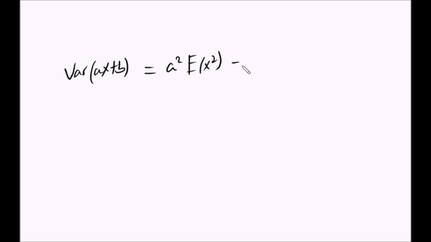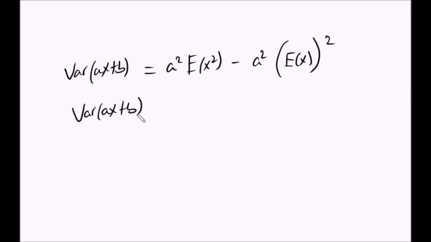Kwa hiyo variance of ax plus b itakuwa ni a squared expectation of x squared minus a squared alafu yote expectation of x hivi. So variance now of ax plus b, nikitoa nje a squared, tabaki na huyu minus huyu.